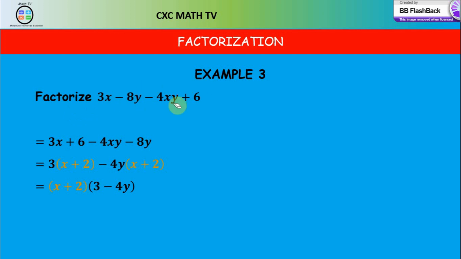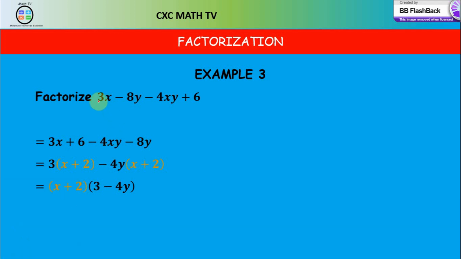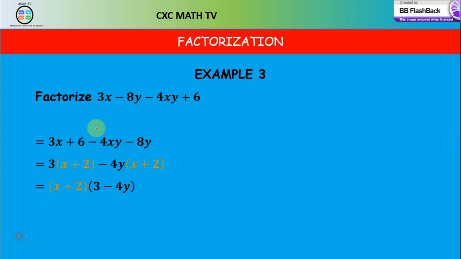After doing that, we notice in purple here they have 2m plus 1 in common. So now we take out 2m plus 1 and we're left with 3 minus 2n. And here's another example. Why am I showing you this example? Sometimes you're going to have to rearrange or reshuffle. You see 3x minus 8y minus 4xy plus 6. The first two have nothing in common, so that is not helpful. So even though it's 4 terms, always remember addition is commutative.